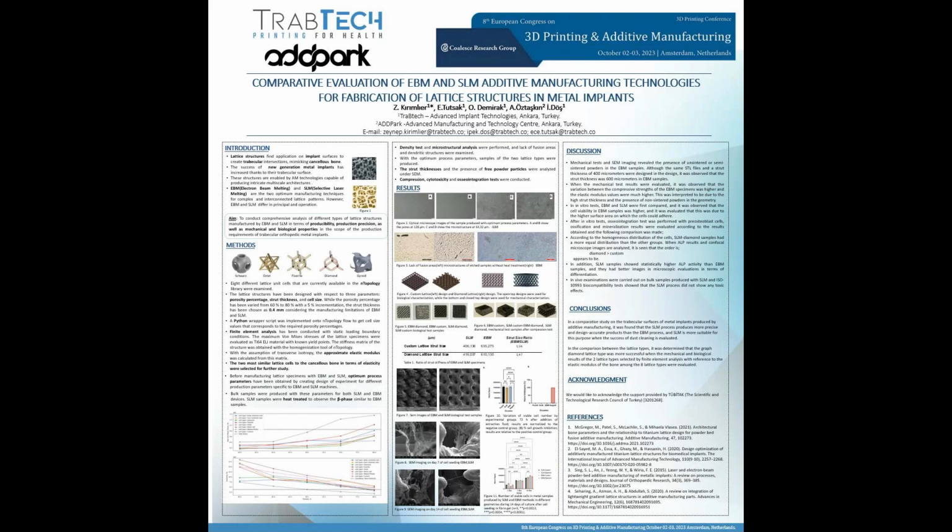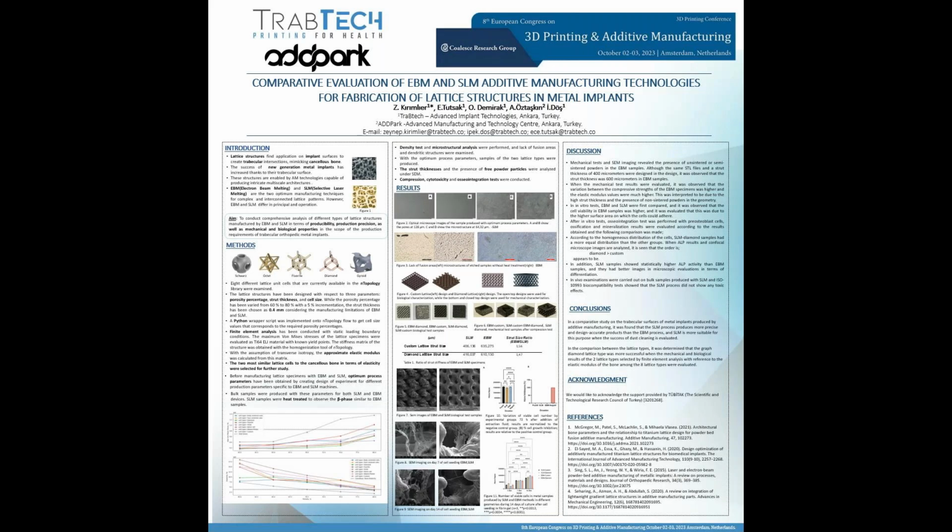We conducted both mechanical, in vivo and in vitro tests. We know that lattice structures find very widespread application on implant surfaces because they can create trabecular intersections and mimic the cancellous, spongy bone.